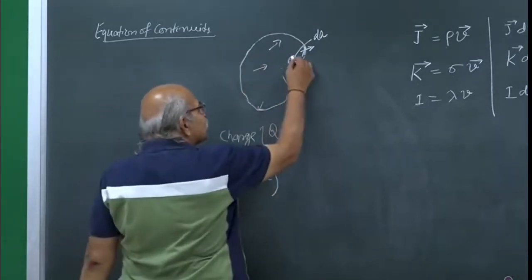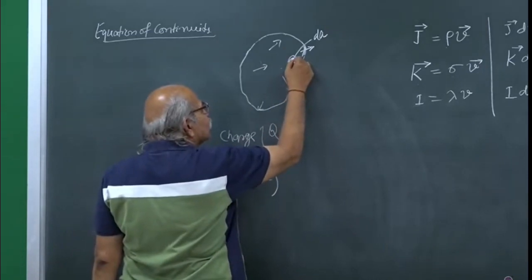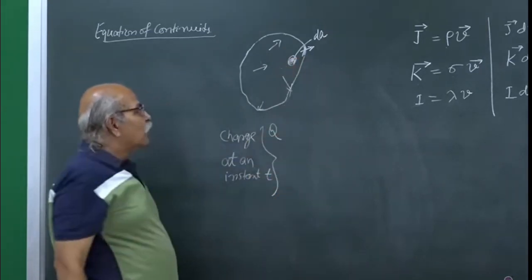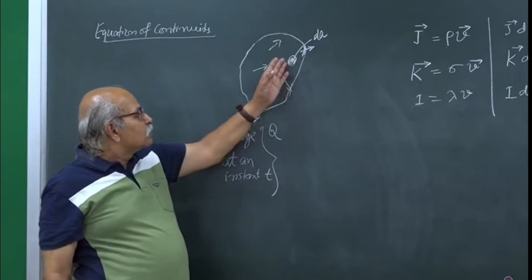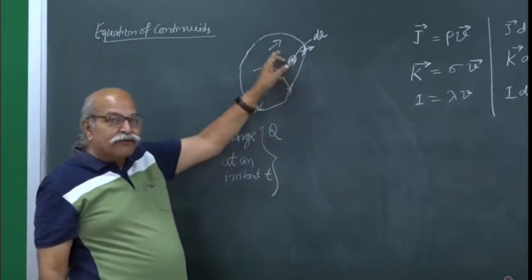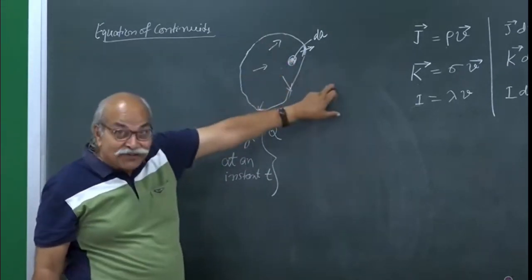So how much is the current going through this dA? How much is the charge crossing this dA from inside to outside?